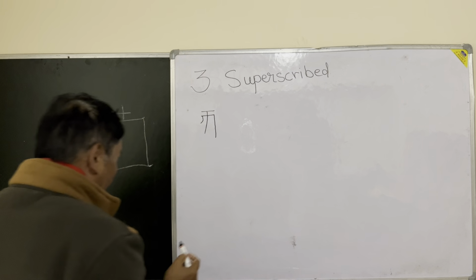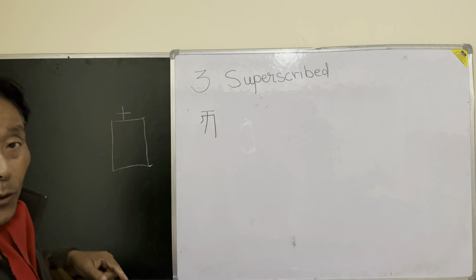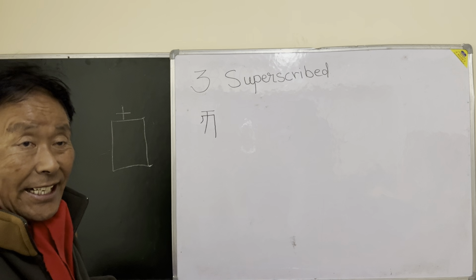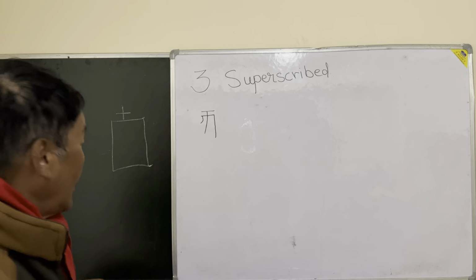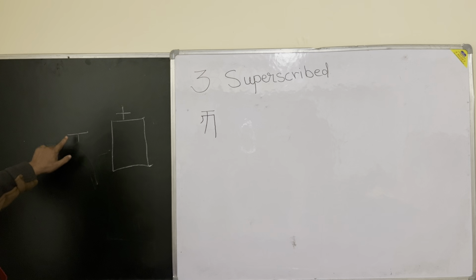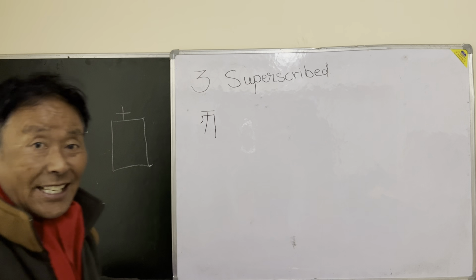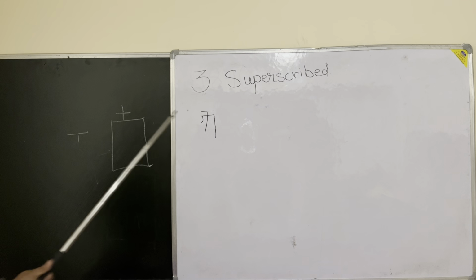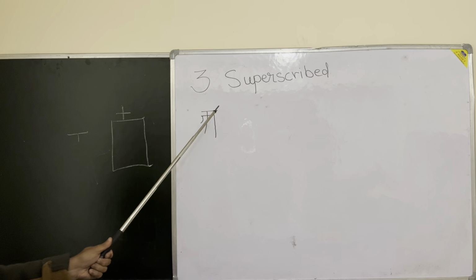So this superscript looks like the English capital letter T. It actually represents Ra. We are not writing the lower part of Ra, so it looks pretty much like capital letter T. So we know this represents Ra.